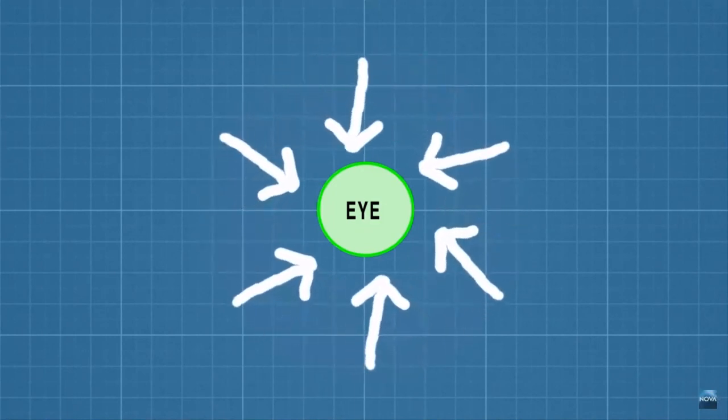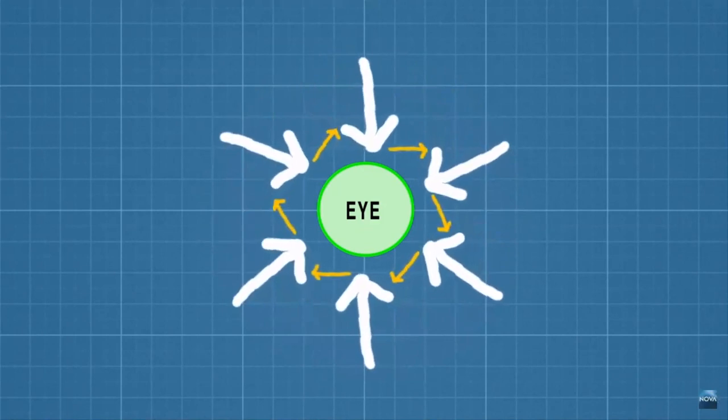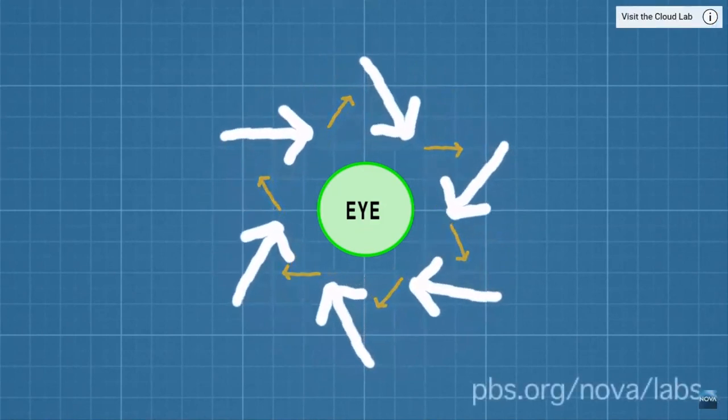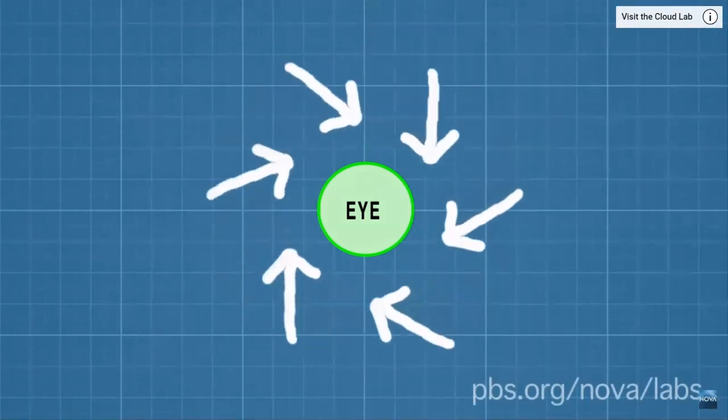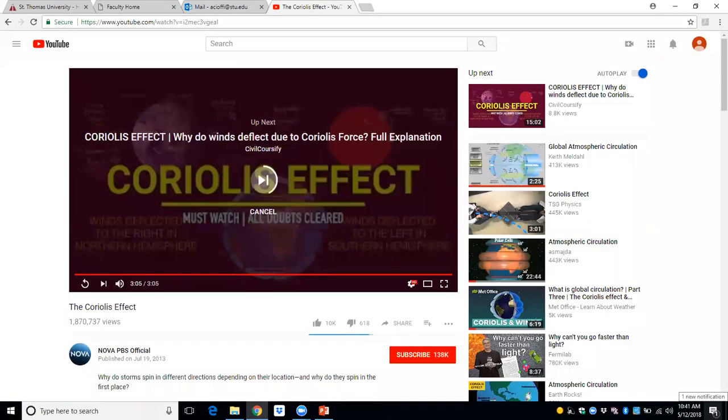In the southern hemisphere, where the Coriolis effect pulls air to the left, the opposite happens. Storms spin around the eye in a clockwise manner. There it is. Formation of hurricanes in 2 minutes or less.